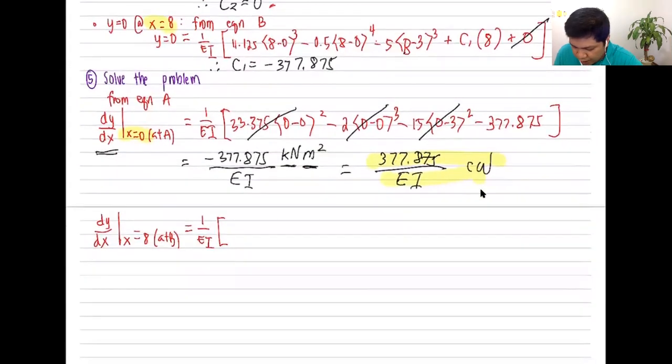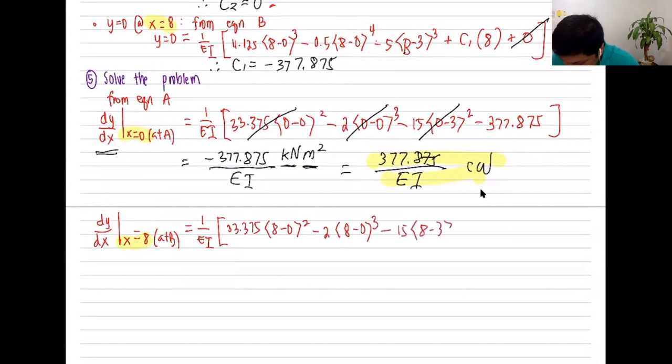Okay? So dy over dx, that's still 33.375. X minus 0, so that's 8 minus 0 squared. Remember, I'm using x equals 8, minus 2. Okay? X is still 8 minus 0. I'm just substituting from equation A, cube, minus 15 times (8 minus 3) squared, minus 377.875.